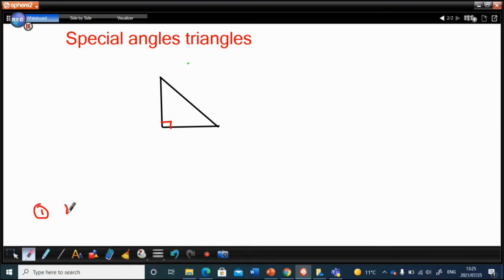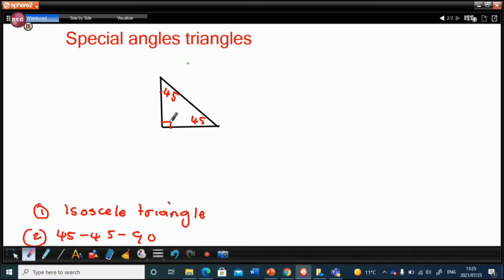This triangle is an isosceles triangle, and it is called a 45, 45, 90 triangle, because we have 45 here, 45 here, and we have 90. So this side is equal to that side, right?